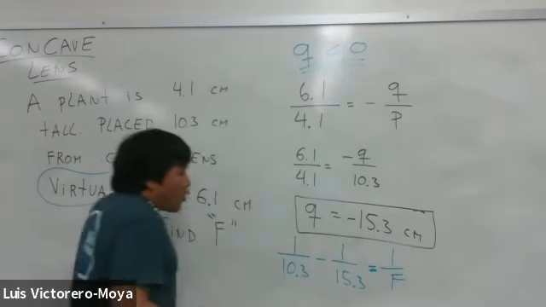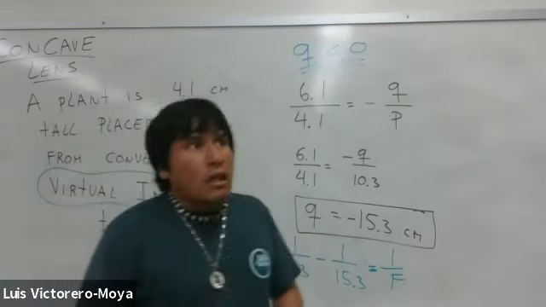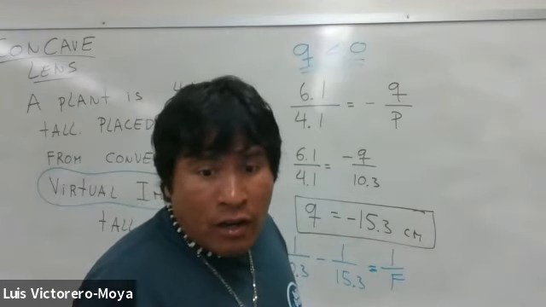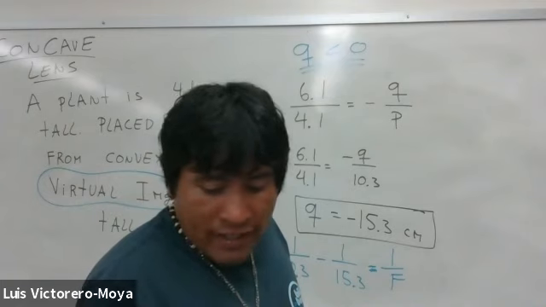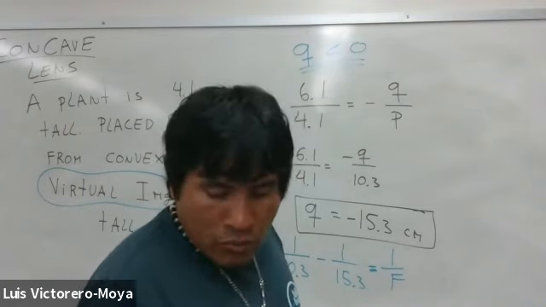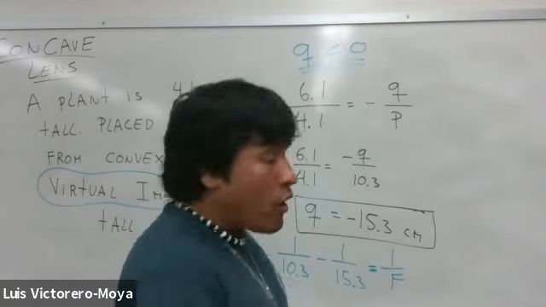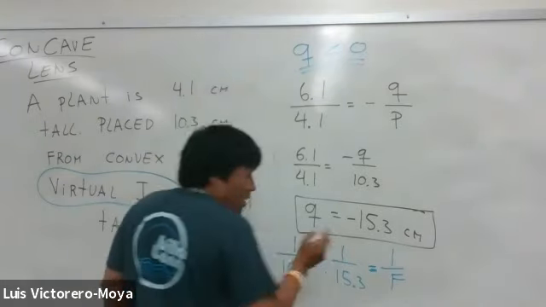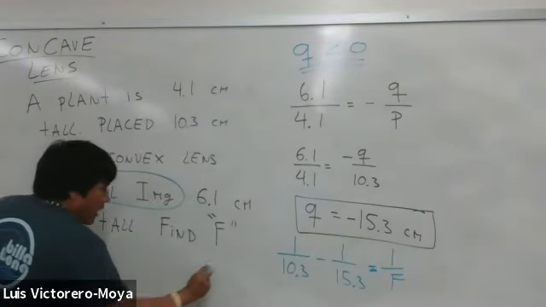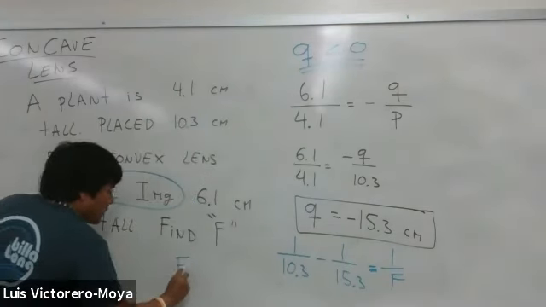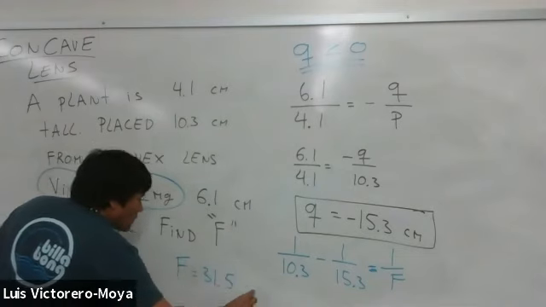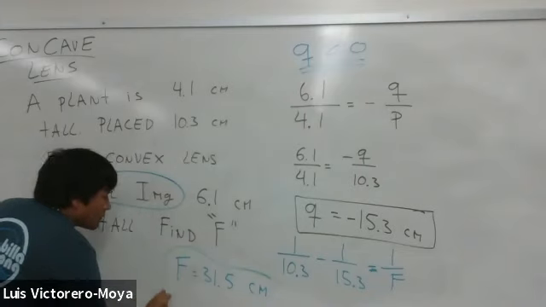I also need to remember that the focal length will be positive because we're dealing with a convex lens. So if I get a negative focal length, then I did something wrong. But given those numbers, the focal length is positive, equal to 31.5 centimeters. So the focal length by solving that is 31.5 centimeters.